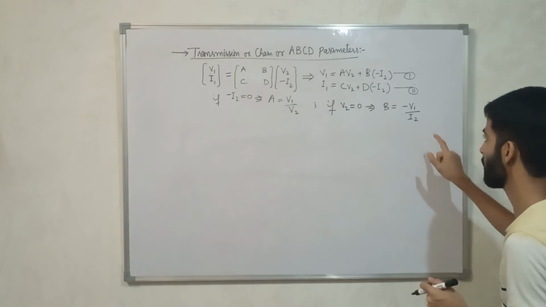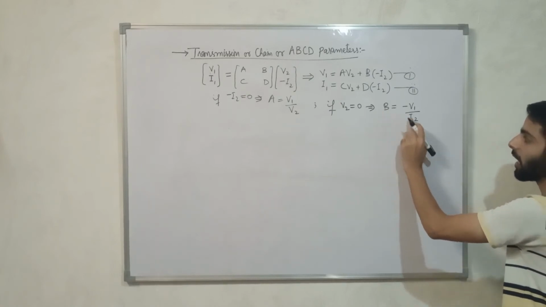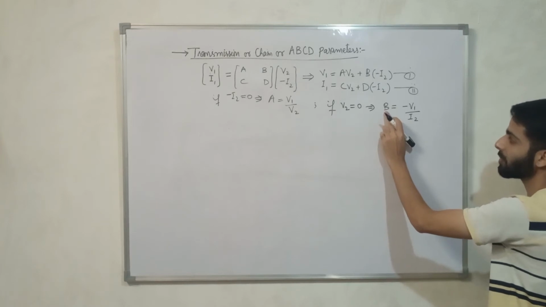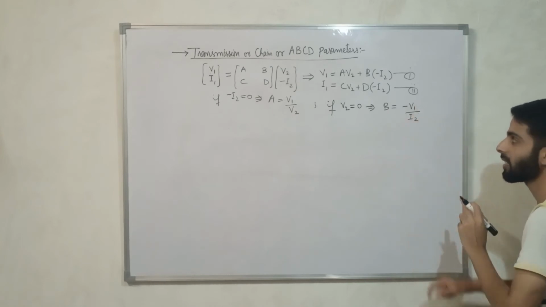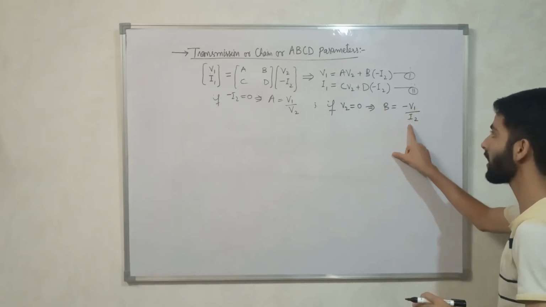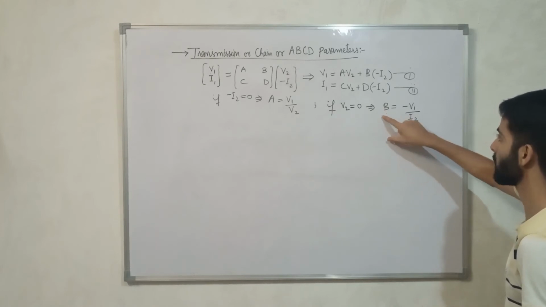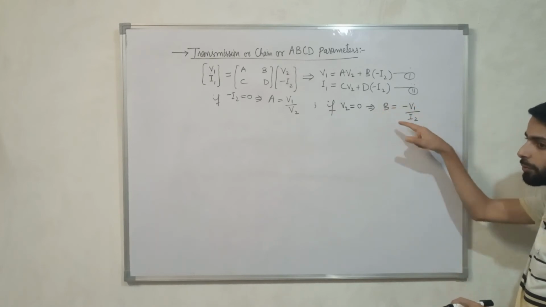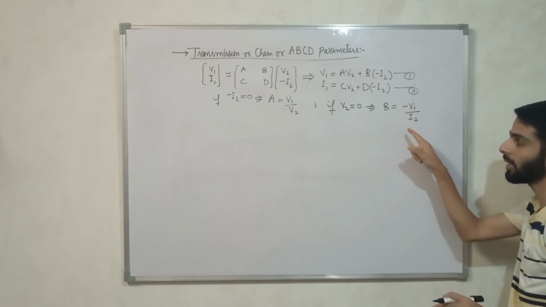And in this case, you will keep I2 with this B. What is B? B is an impedance because voltage upon current is an impedance. Impedance into current gives a voltage. So this one will be again a voltage source. You would have to make it like a voltage source which is always in series with some impedance.